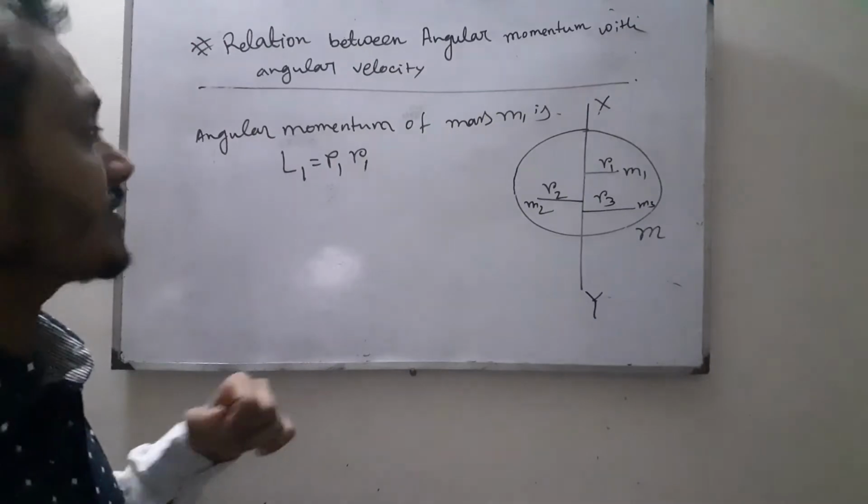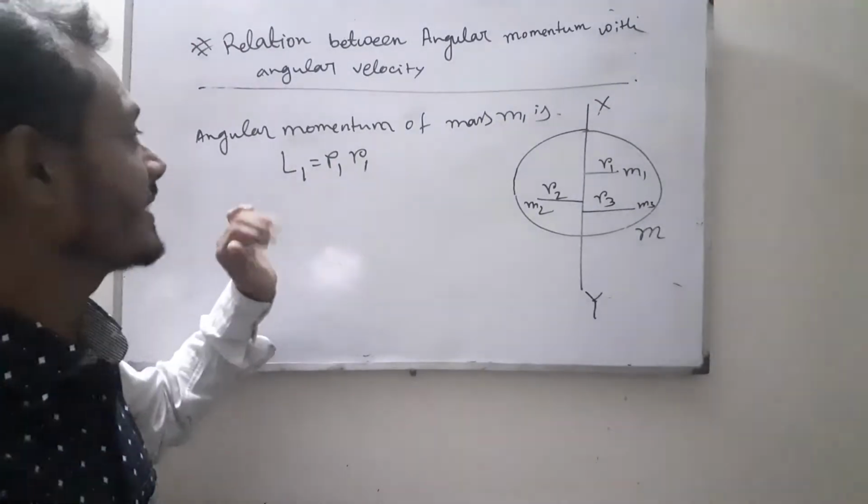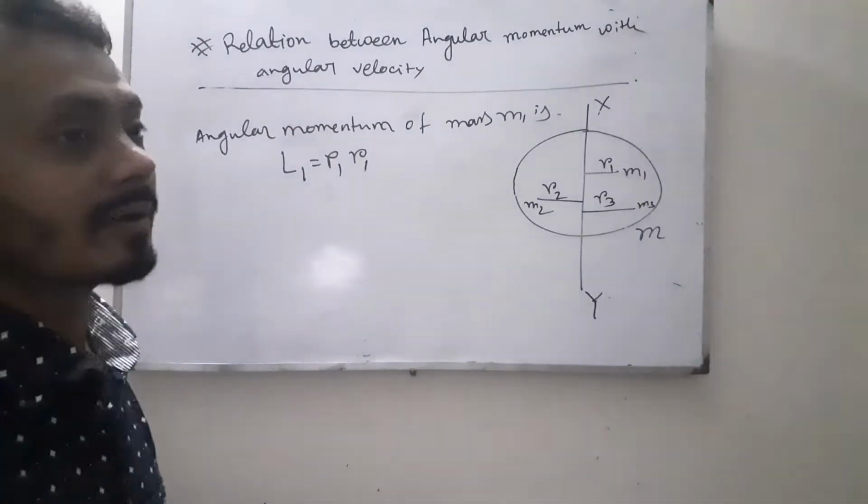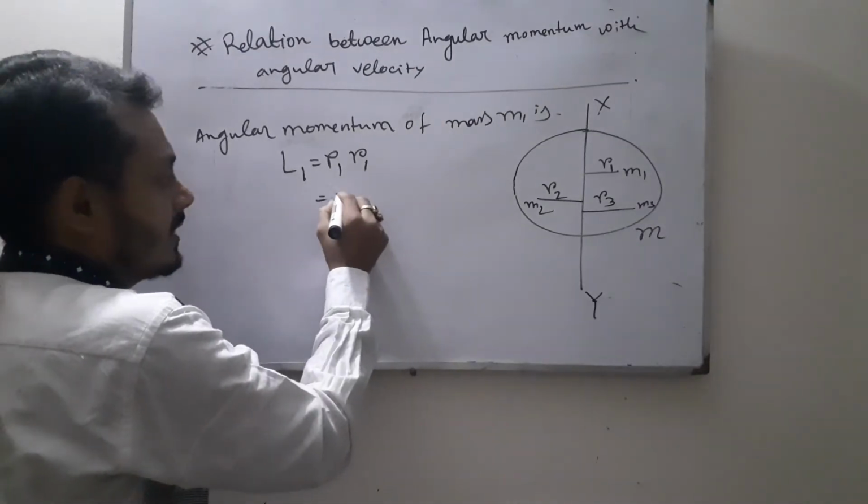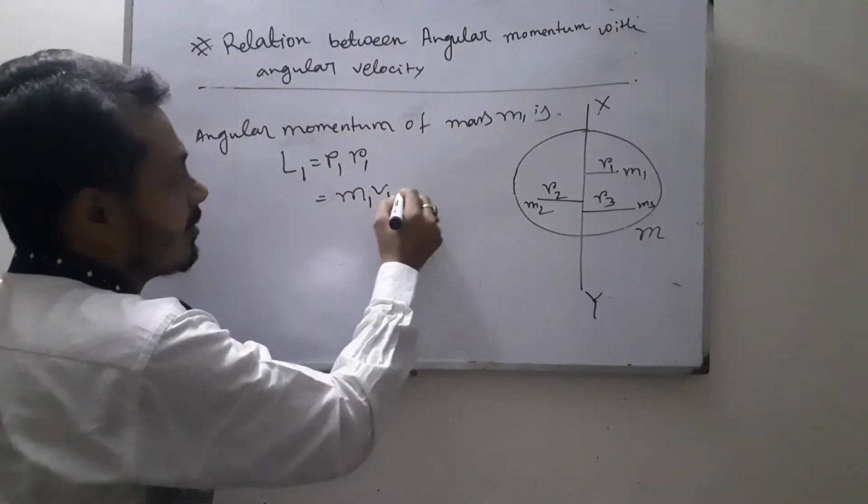So the relation between momentum and angular momentum is L equal P R, where P equal m1 v1.